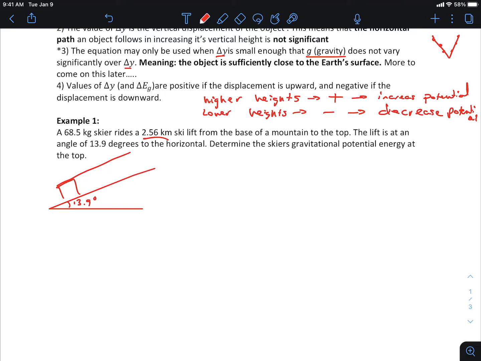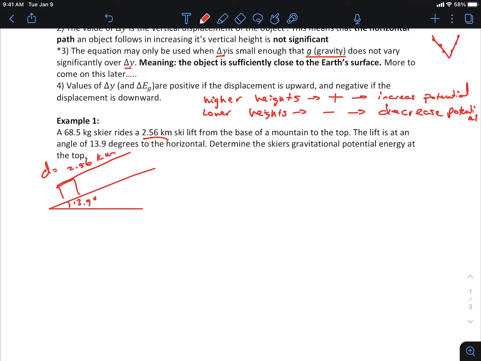I'll denote this as D. That'll be the D value, 2.5 kilometers. That's the total distance of the trip.